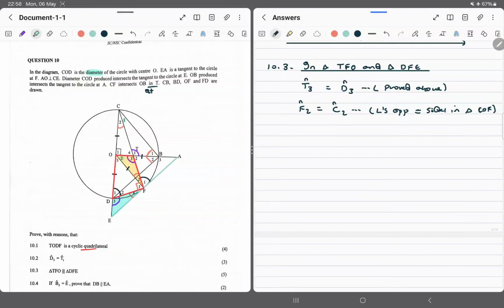Maybe we can say here, to convince the examiners, that OF equals OC. There's nothing wrong in saying a nice reason. Then we can say, but we understand, secondly, that angle C2 is equal to angle F4. That is the tan chord.